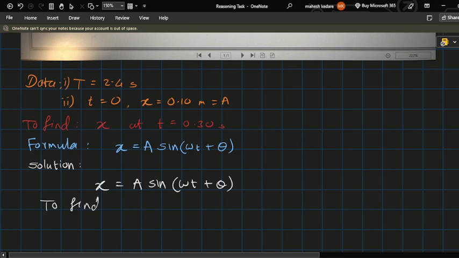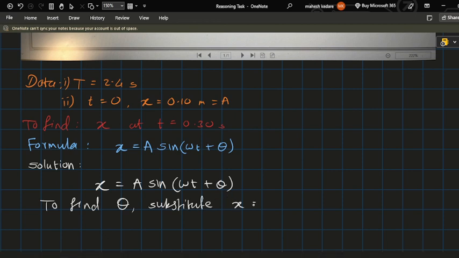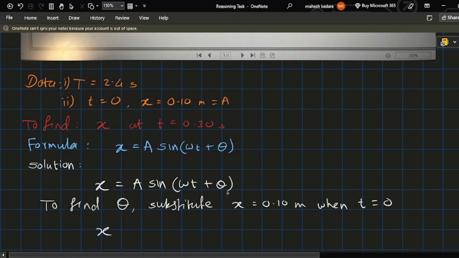To find theta, substitute x equal to 0.10 meter when t is equal to 0, and then we get x equal to, we have to substitute other quantities also, but before we go for substitution, we rewrite this formula replacing omega by an expression that involves time period. We know the definition of omega. Omega is simply 2 pi divided by time period.